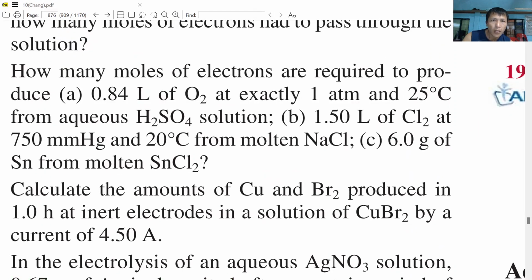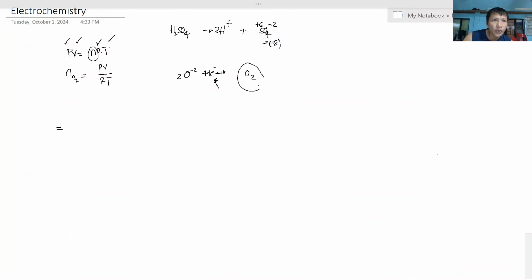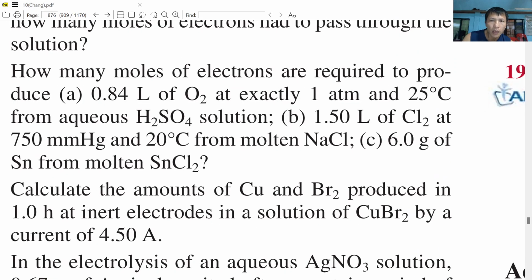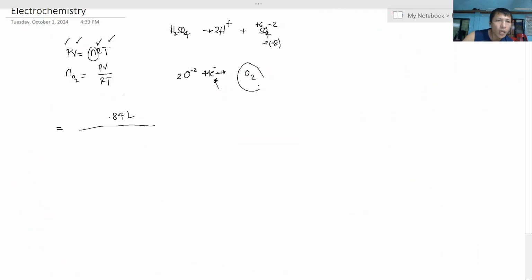So we only have to plug in the numbers: 0.84 liters. And then how about your pressure? 1 atm, I guess. So you have 1 atm for your pressure.